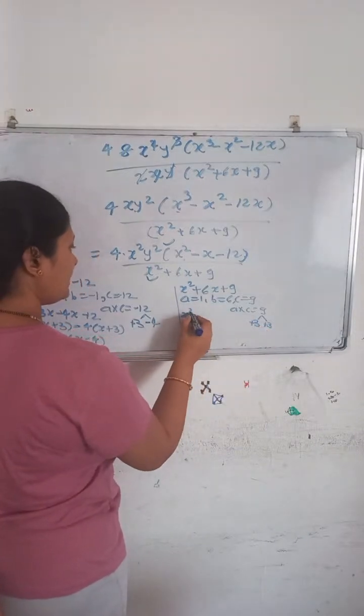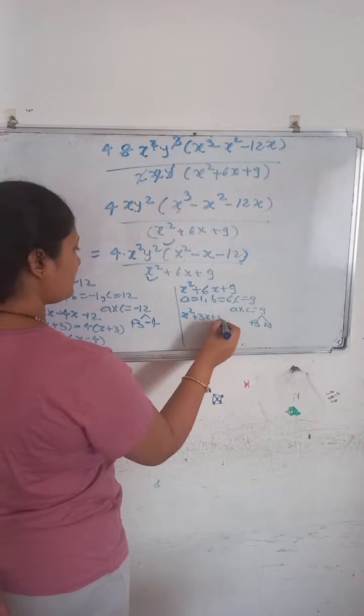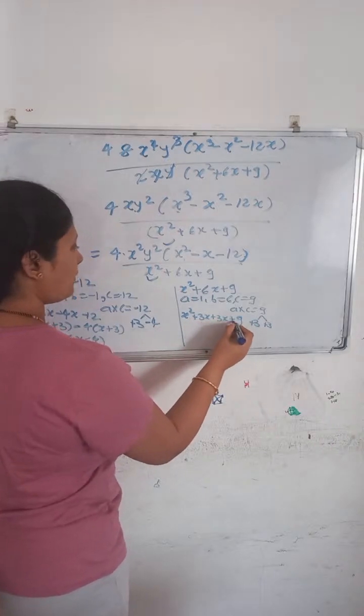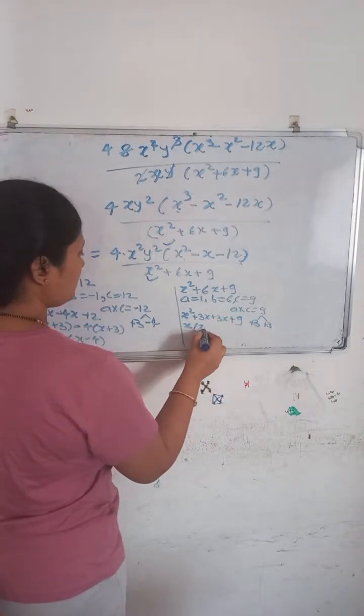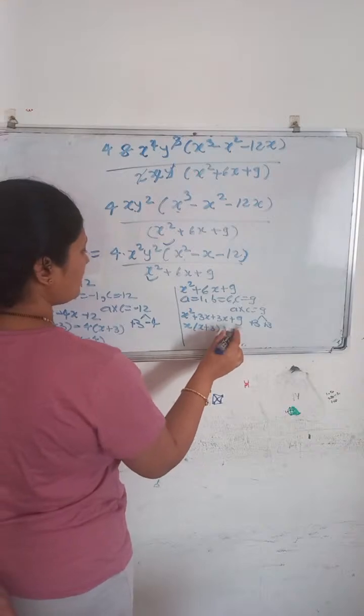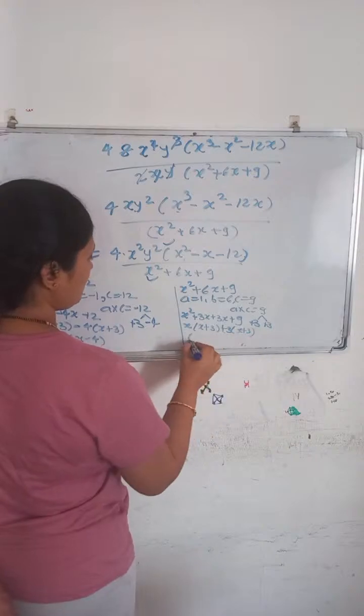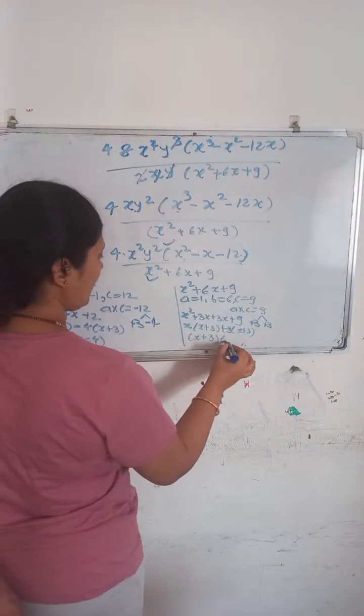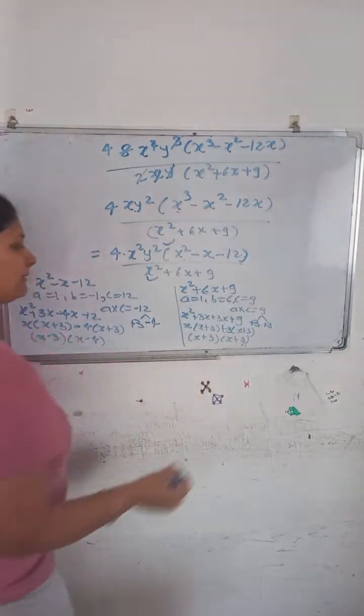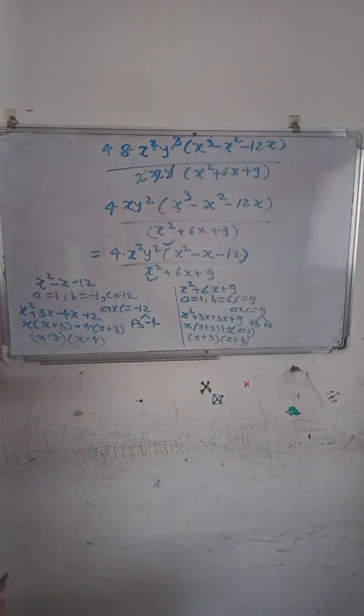So x square plus 3x plus 3x plus 9. I will take x common, x plus 3, and here I will take 3 common, x plus 3. So these are the factors I got over here. Now you can simplify this.